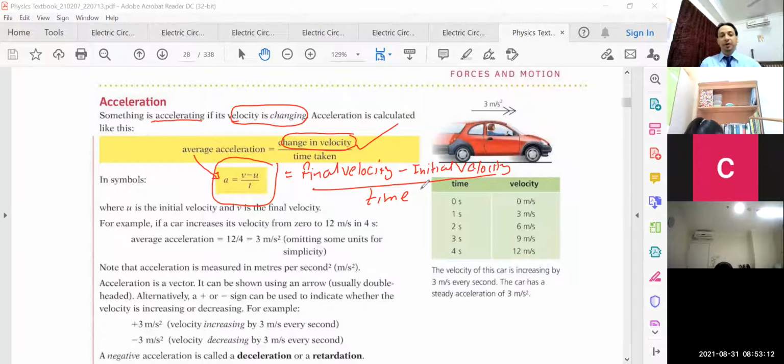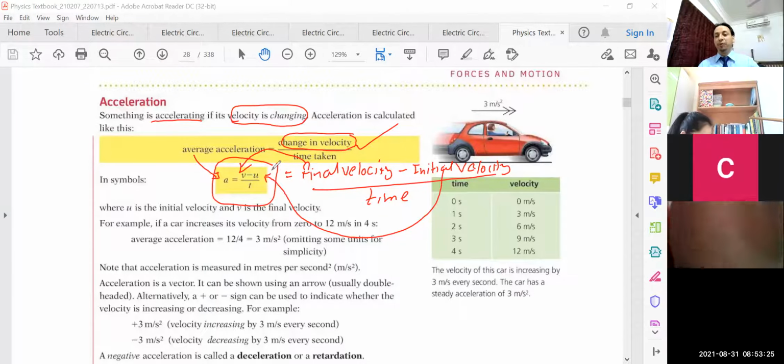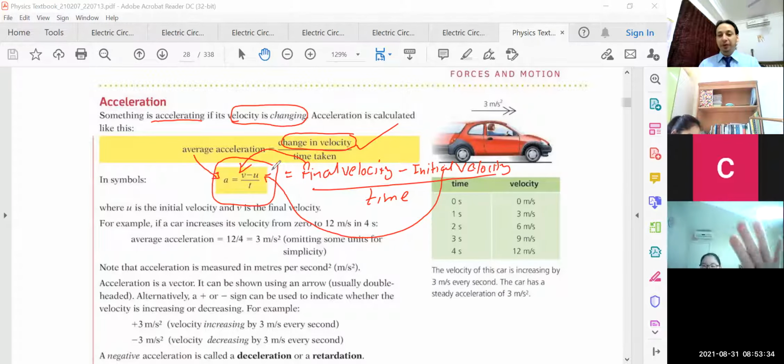Final velocity is always written by the letter small v. Initial velocity is taken by the letter small u. So v minus u divided by time taken. How much time is taken by the object to change that velocity? So change in velocity divided by time taken is called acceleration, and that kind of motion is called accelerated motion.